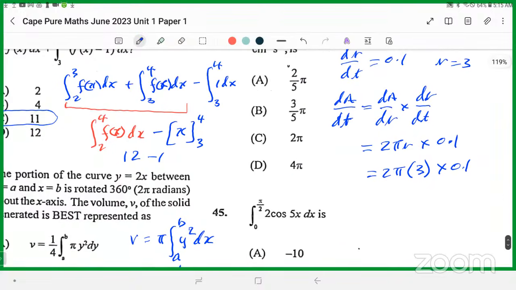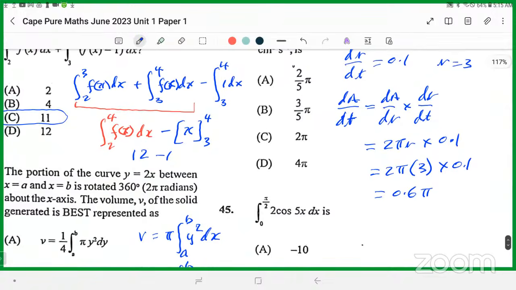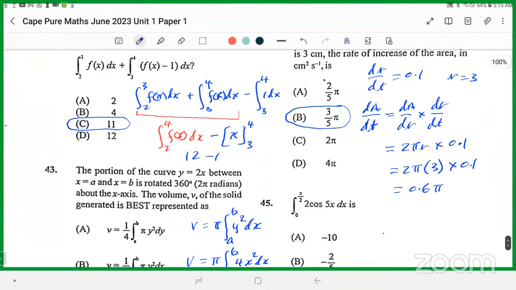That becomes 0.6 pi. 0.6 is the same as 6 over 10, so it's 3 over 5. This is 3 over 5 pi. No problem. That is it.